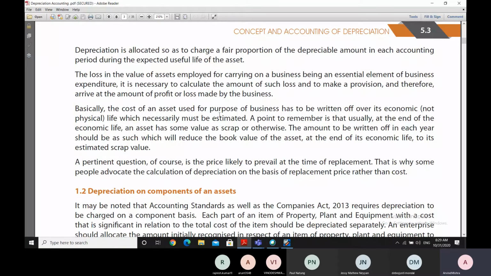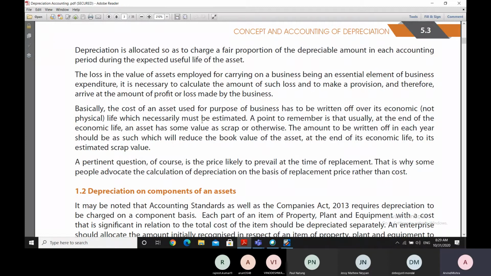So in other words, we have to write off the cost of an asset or amortize the cost of an asset used for the purpose of business over its economic life or over its physical life as it is being put to use in the business, and therefore how much amount will be written off every year will have to be estimated.